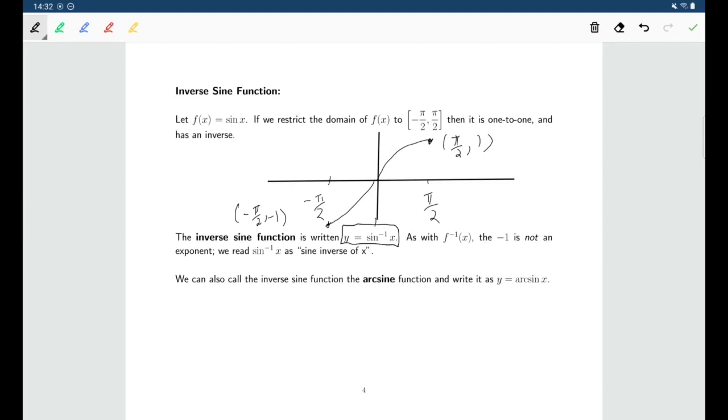Or, alternately, another name for the inverse sine function is the arc sine function, and you could write that as y equals arc sine of x. These both mean exactly the same thing. So you might see arc sine sometimes, you might see sine inverse sometimes, but they're both referring to the inverse of the sine function over that restricted domain.